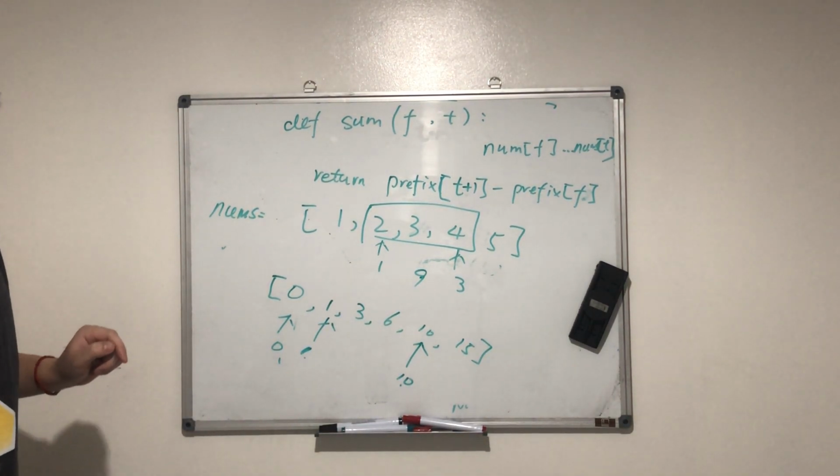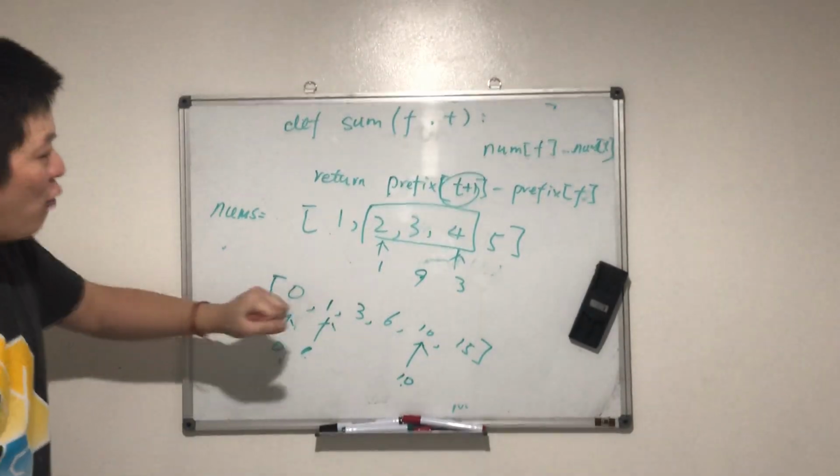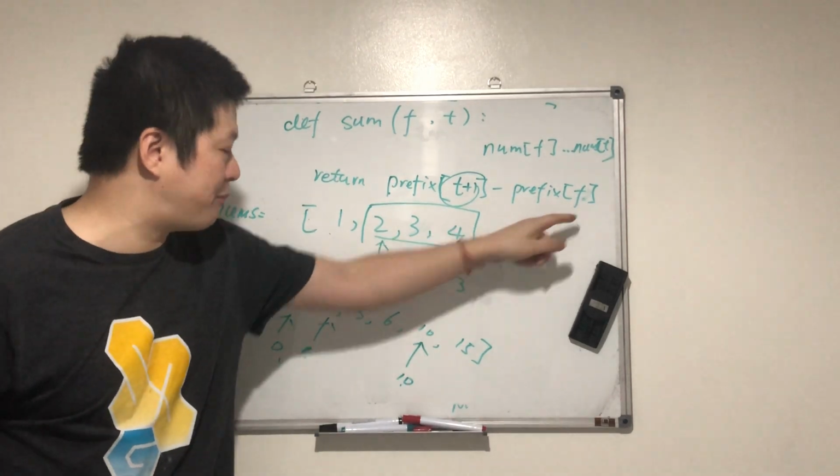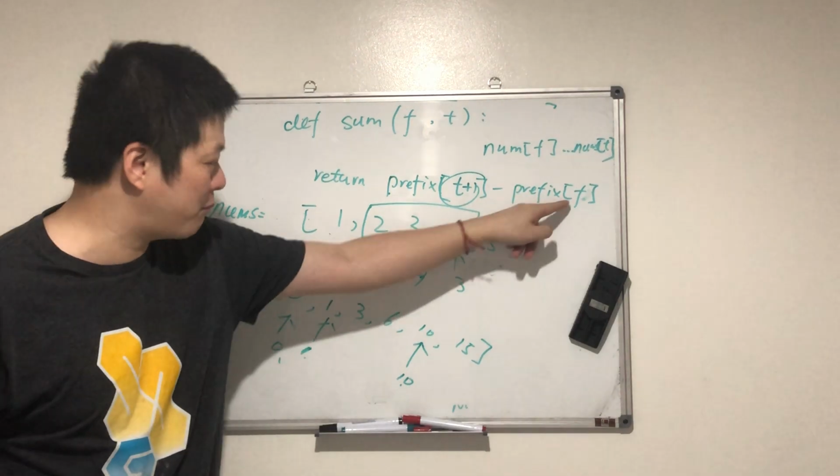Do you get it? Remember, prefix t plus 1 and minus prefix f. Why do we get t plus 1? Because we added 0 at the beginning, so we can just do t plus 1 minus f, right?